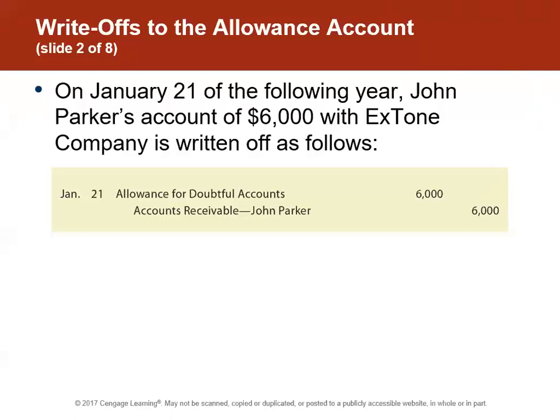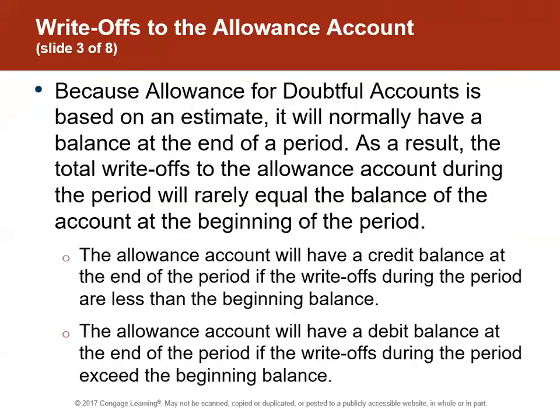Okay. So this gets all wordy, right? The slides, I hate them when they're so wordy. But again, the tricky part is allowance for doubtful accounts has a normal credit balance, as we see right here.